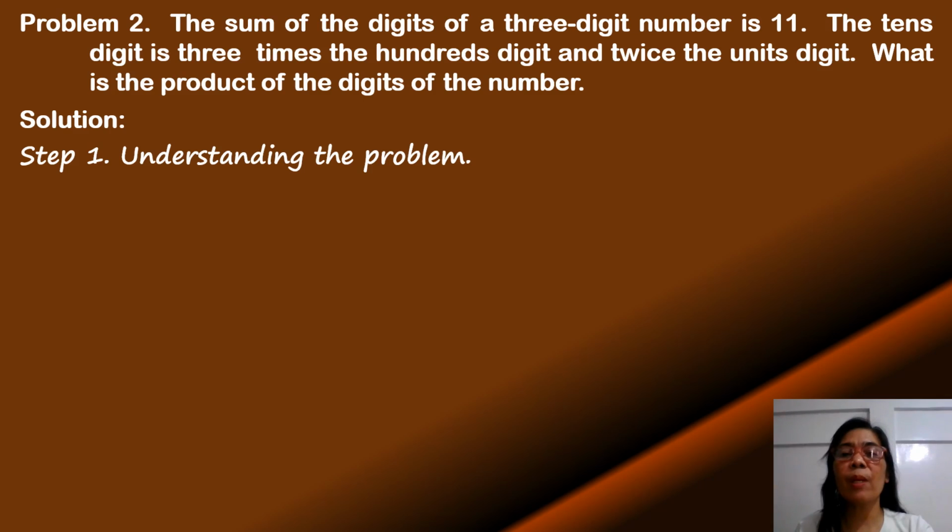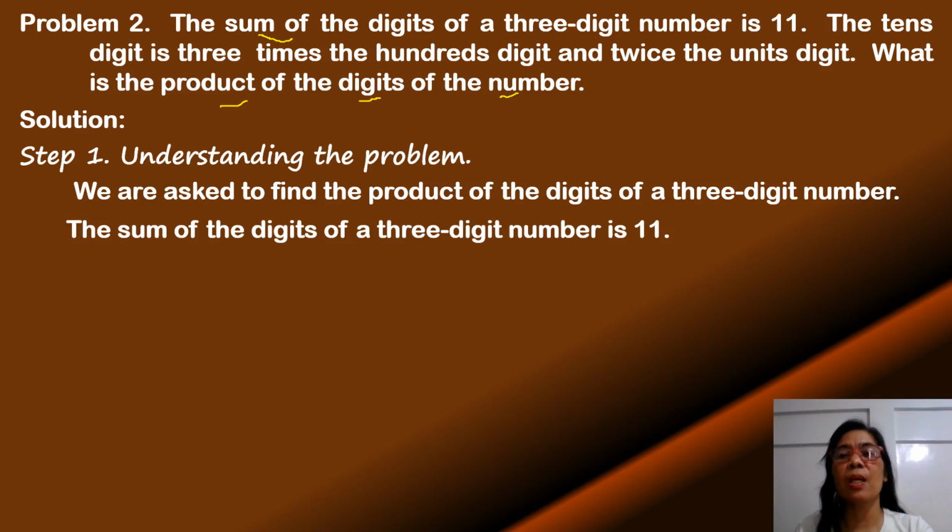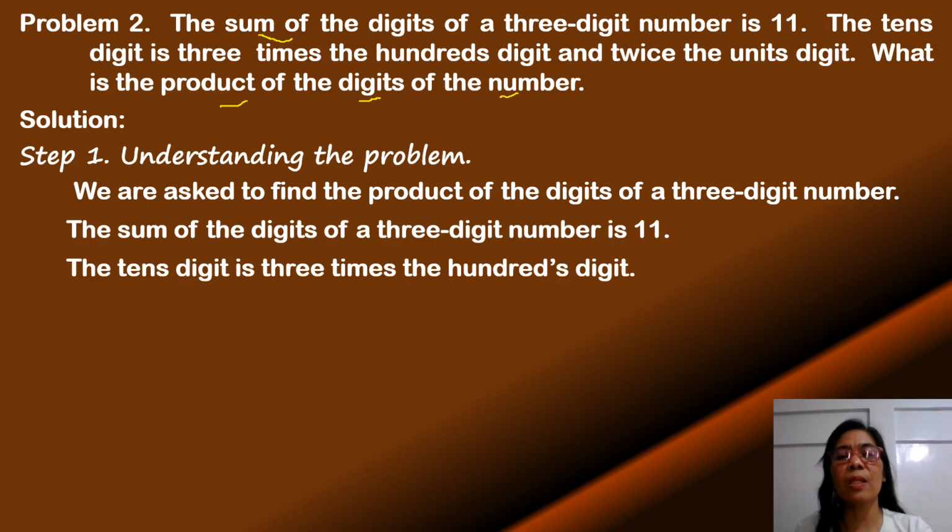So in the problem, we are asked of the product of the digits of a three-digit number. We're given a condition that the sum of the digits is equal to 11. Also, we're given that the tens digit is 3 times the hundreds digit, and also the tens digit is twice the units digit.